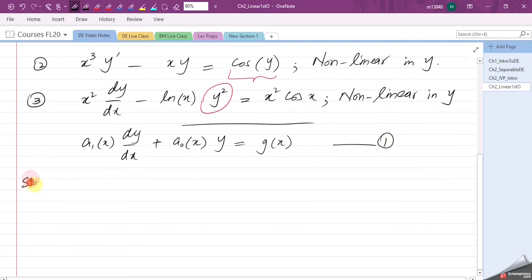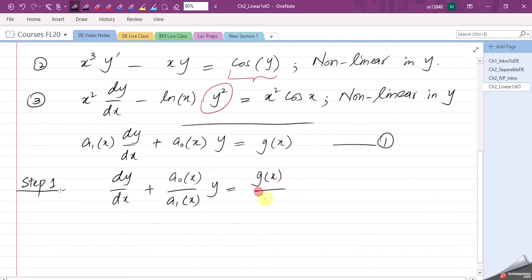Step 1. This step 1 is very, very important and is also the most common mistake students make in solving this equation. Divide: dy by dx plus a0(x) over a1(x) times y equals g of x over a1(x), and we will rename them as p of x times y equals q of x.